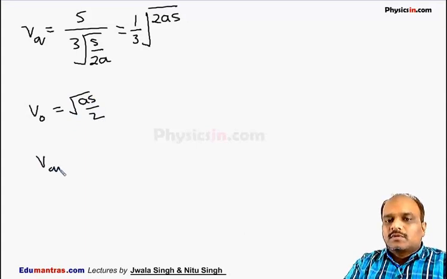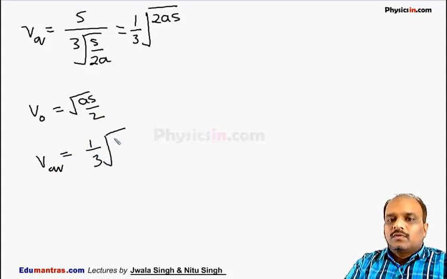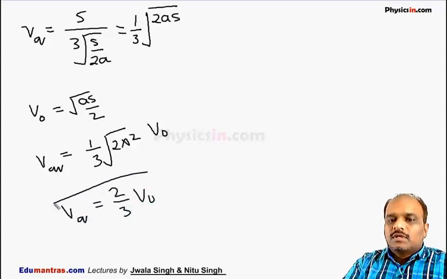So V average comes out to be 1 by 3 root over twice AS, and root over 2AS can be written as 2 into V naught. So this V average comes out to be 2 by 3 V naught. Hence it is proved that V average is two-thirds of the maximum velocity.